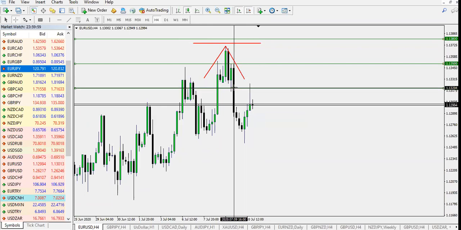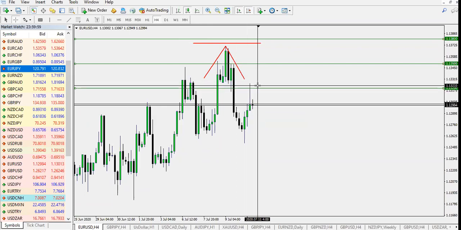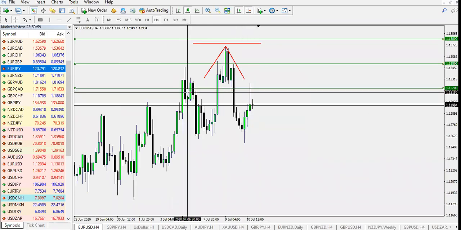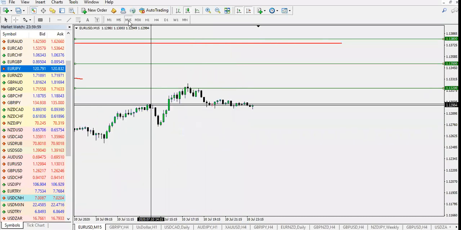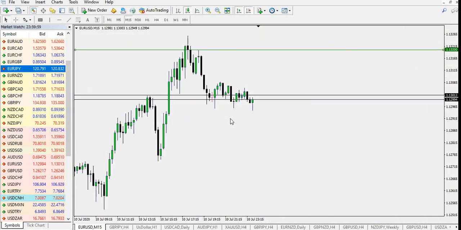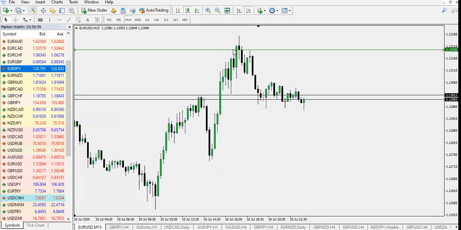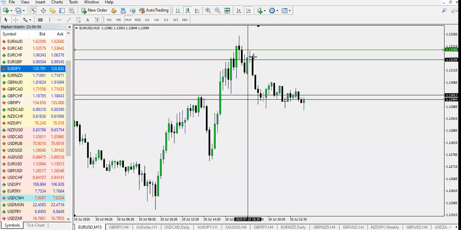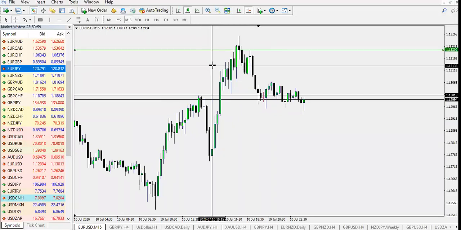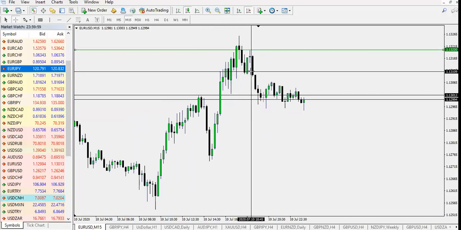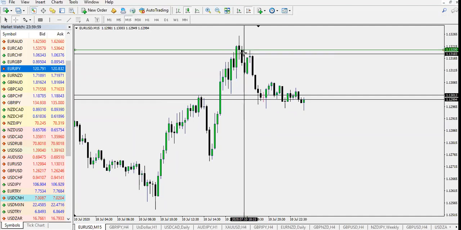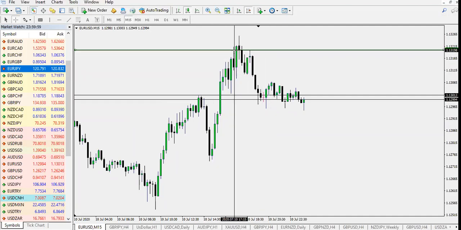The reason I say the IPL is so important is that not only can you use it on higher time frames, you can also use it on lower time frames. So if we go down to the 15-minute chart here, we can see that price perfectly traded into our 200 IPL, and the algorithm protected the 200 IPL level here.